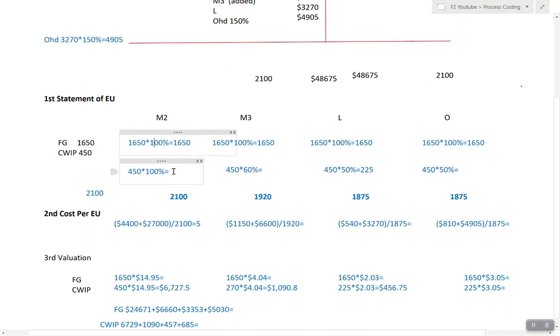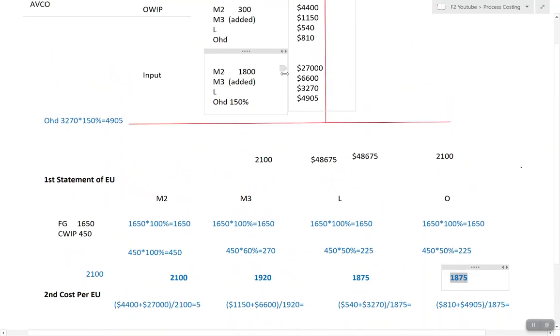So 100% for process 2, 60% for added material, and 50% for labor and overheads, which means conversion costs. Now equivalent units total is 2,100, 1,920, 1,875, and 1,875.